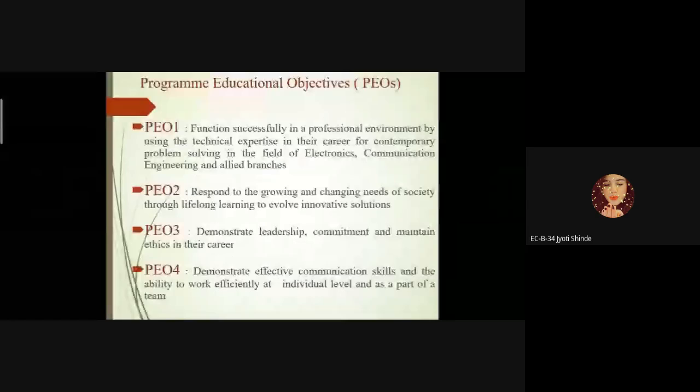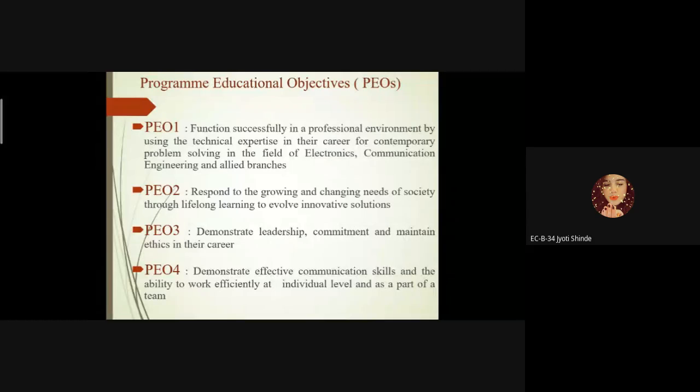Okay, so as a part of our teaching plan, we have to explain various objectives and various outcomes. In every semester we start with the PEOs and the PSOs. We are not going into detail, but in a short view we can understand the meaning of these objectives.